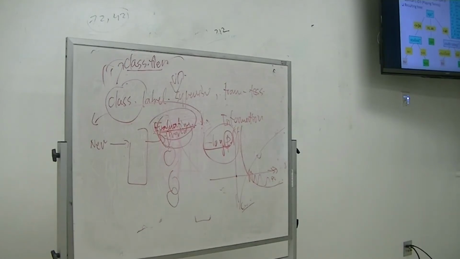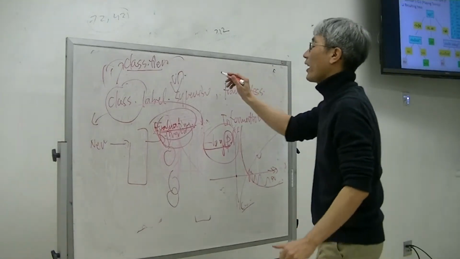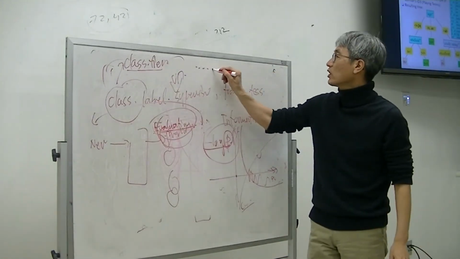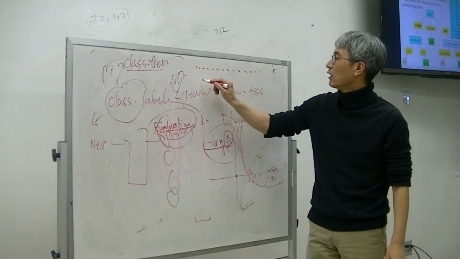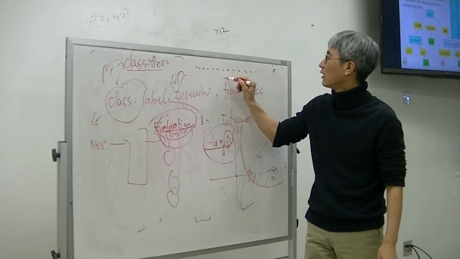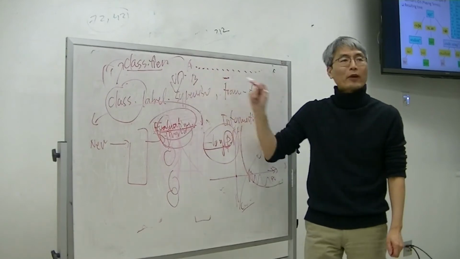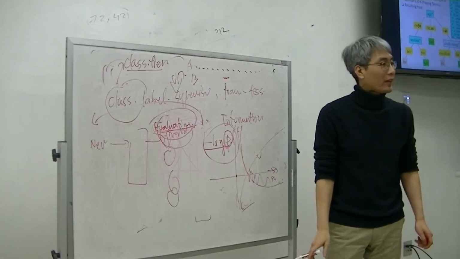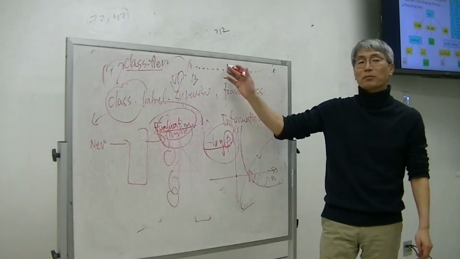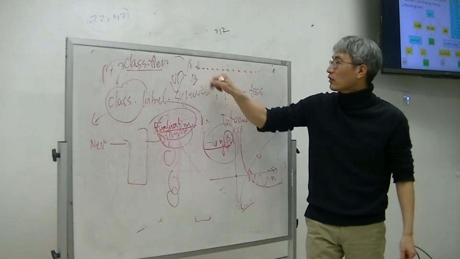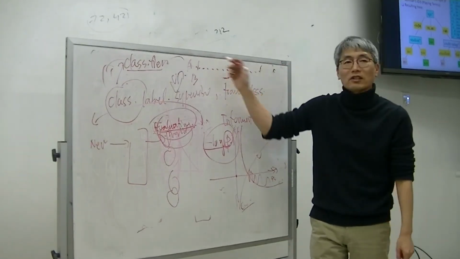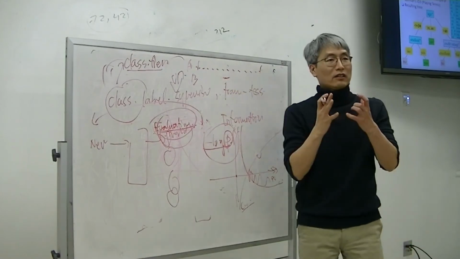At that time, which one is better? It's the same question that I asked during the PCA. Between A and B, which variable is better for data analysis? A is better because it's stretched out. So we can easily check that this one is different, but this data is the same.